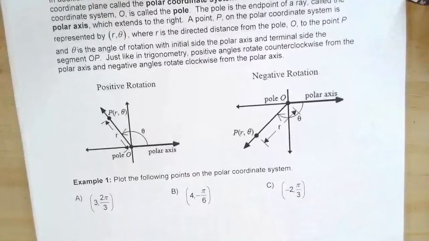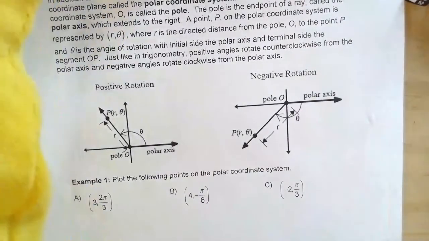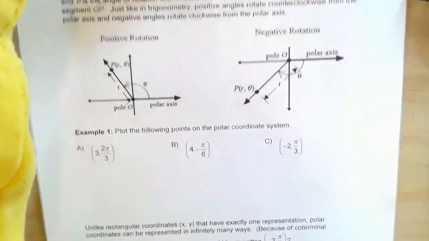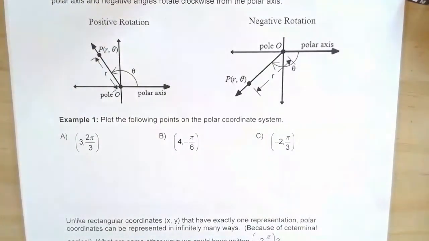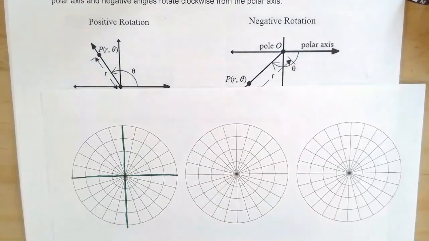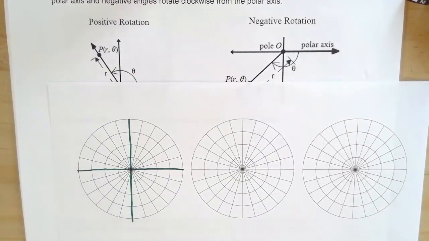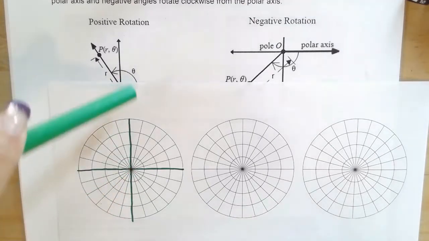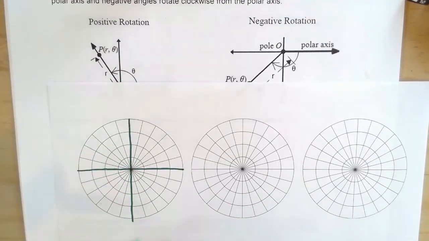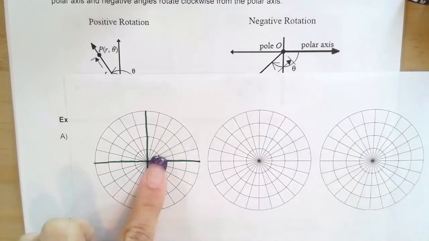Alright, so I'm going to show you how to plot a polar coordinate. Like I said, it would be easier having the polar graph. Now what I did in this first one right here is I labeled our O, and I did our 90, 270, and our 0, 180, so I can see. Before we go into graphing, let's talk about what these angles are.